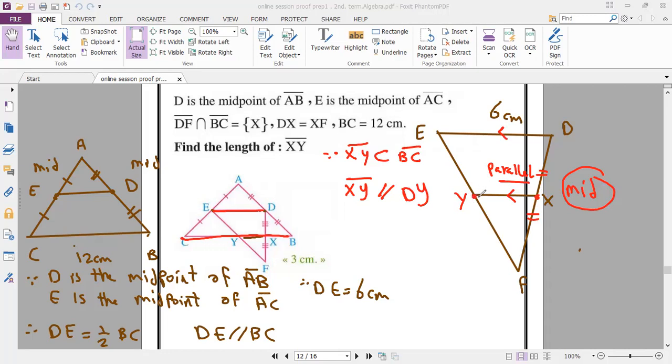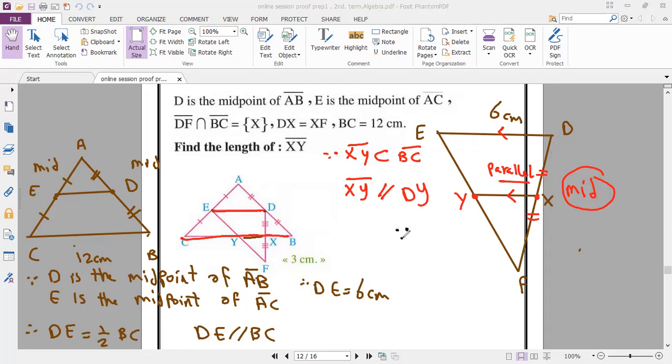So we can deduce that Y is the midpoint of EF, because we have a midpoint and we have parallel. The ray which is drawn from a midpoint of a side of a triangle parallel to another side bisects the third side. So we write here the reason. What is the reason?